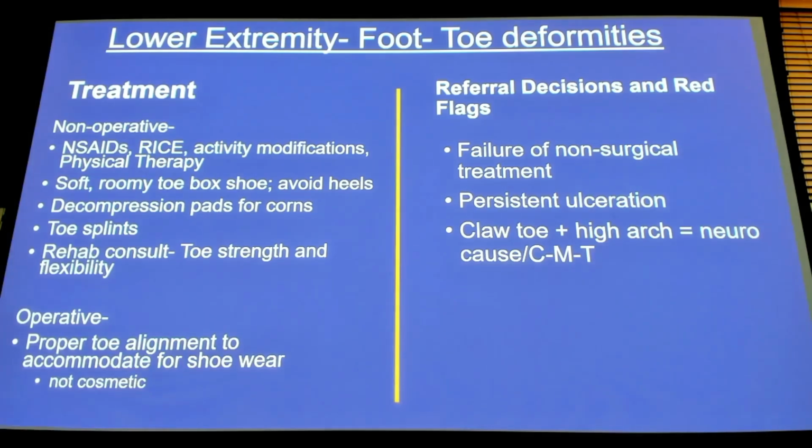Okay. You can use toe splints. Some patients tend to not tolerate these things very well, but if they do, certainly it's something that you can do. And when all of that fails, by all means, refer them to ortho. If you do not treat those, then you get persistent ulcerations, and then they just lead to additional maladies in the foot. Okay.